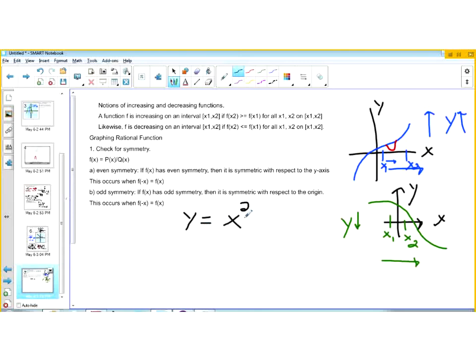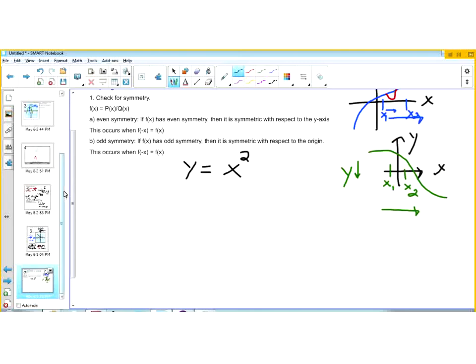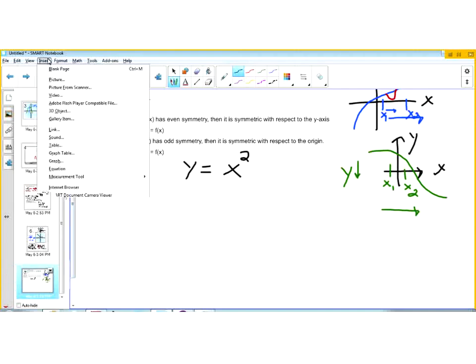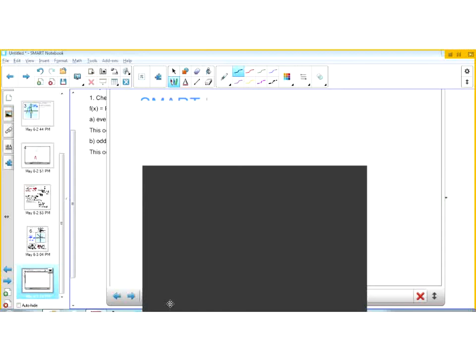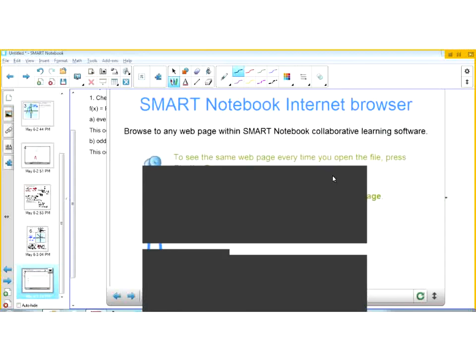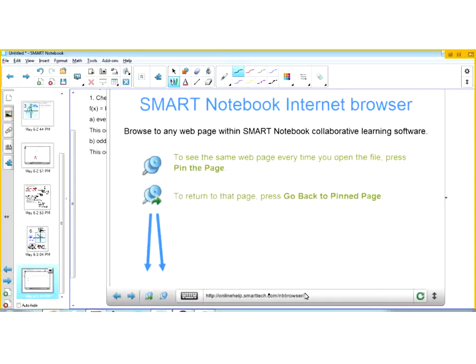So consider the fundamental parabola. So let me just go ahead and sketch it. No, I guess I could go ahead and use the internet browser. Okay, so let's do that. Oh, I need to go in cursor mode, don't I?